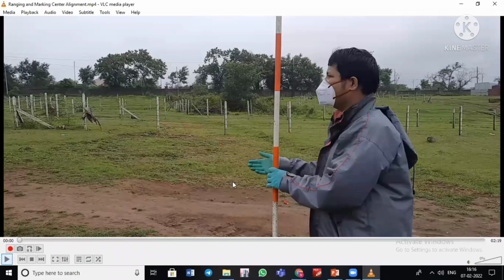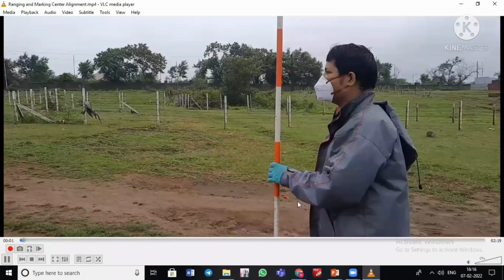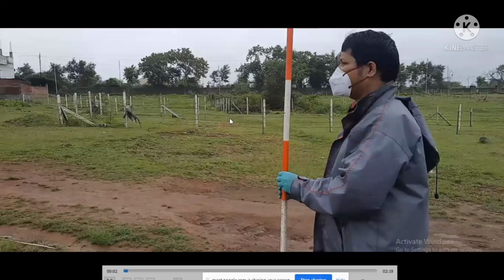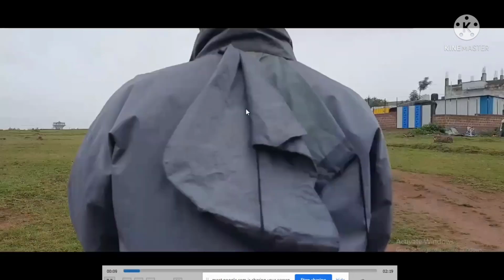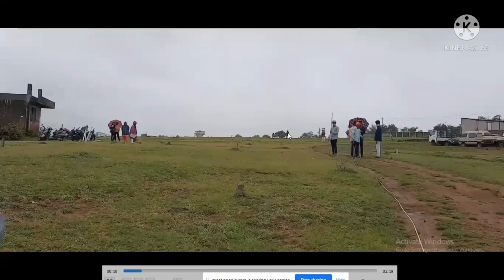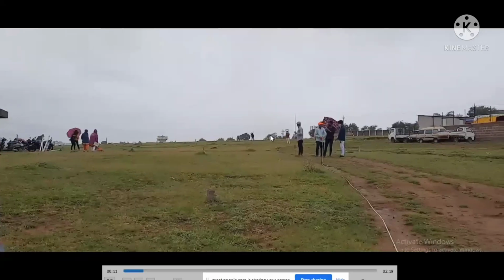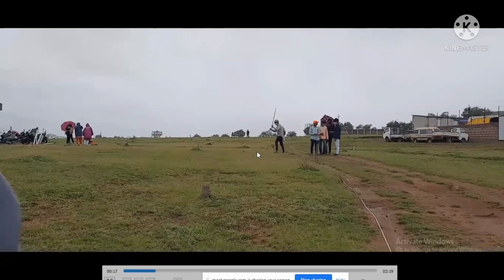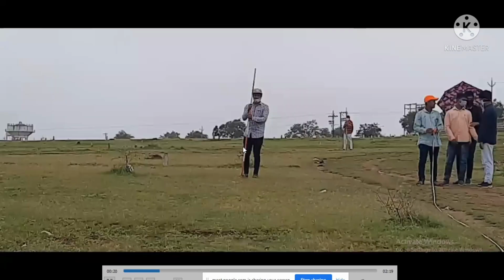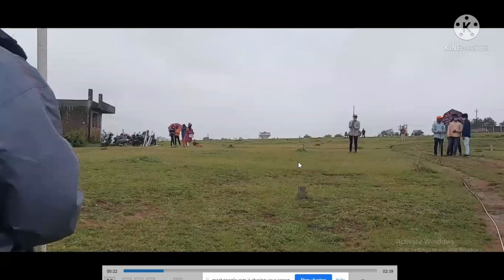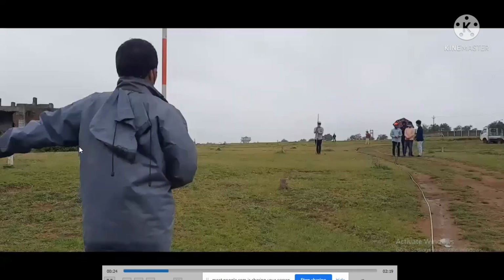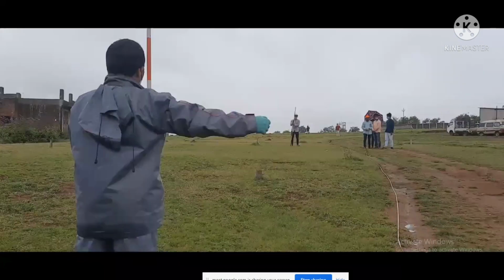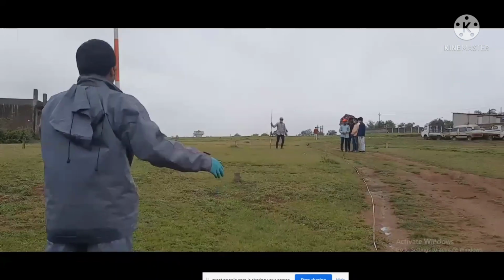So here you can see, this is the first C0. At a far distance, the last ranging rod will be placed, and in order to mark the intermediate points, another person carrying a ranging rod will be coming to the center, in a line, and with the sign conventions indicating whether to move to the left hand side or the right hand side, the intermediate points will be marked.